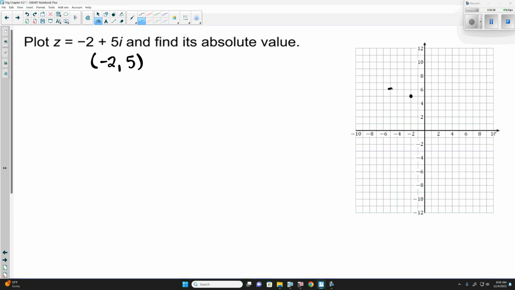And this is our point, negative 2 plus 5i, or we can say (negative 2, 5) in the complex plane. Any questions on how we plotted this here?